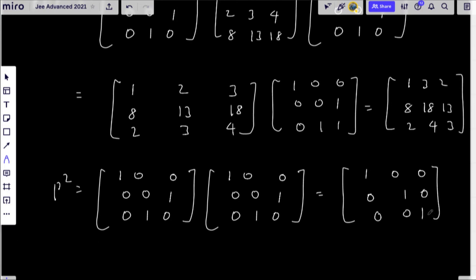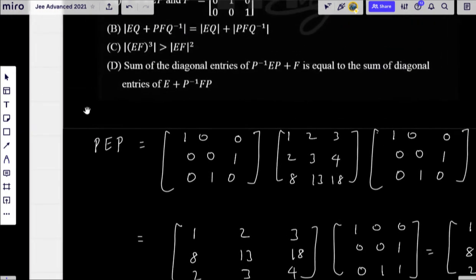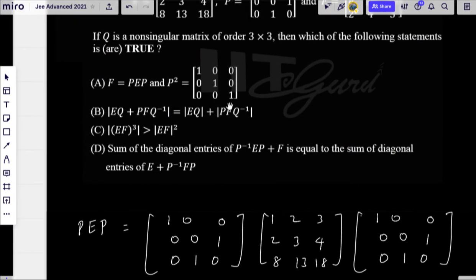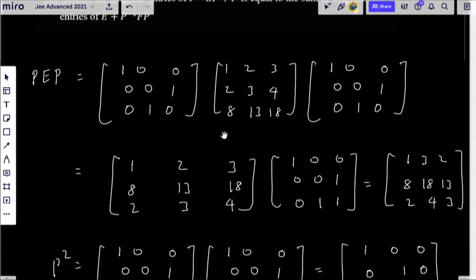We can see over here that P square is equal to I. So what the options are there? P square is this one, and for P square we got the identity matrix as it is.